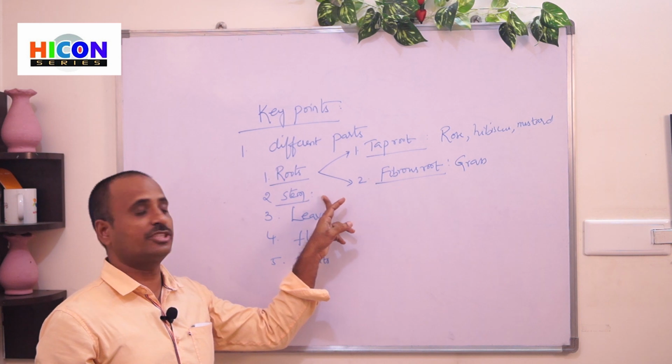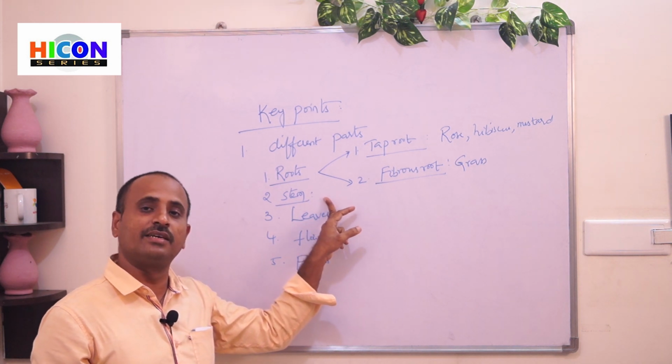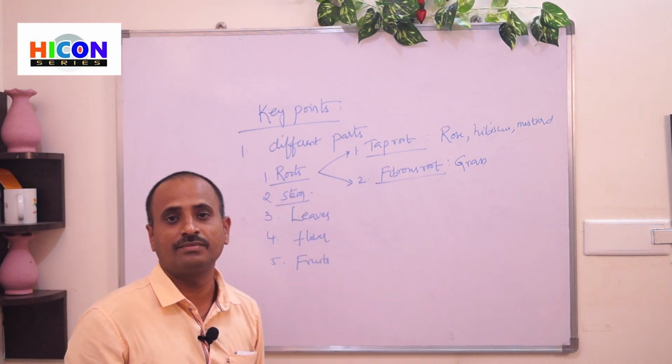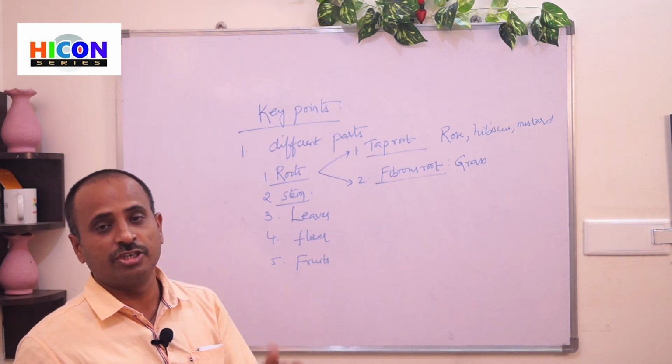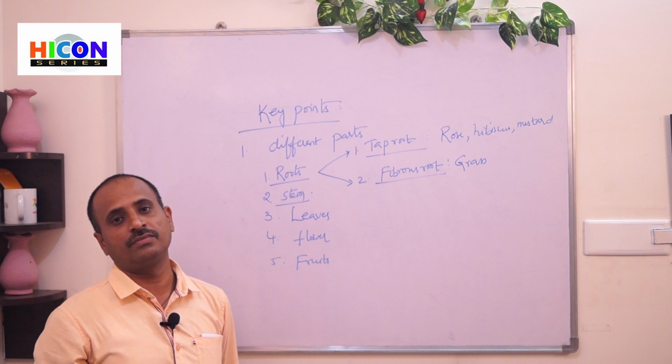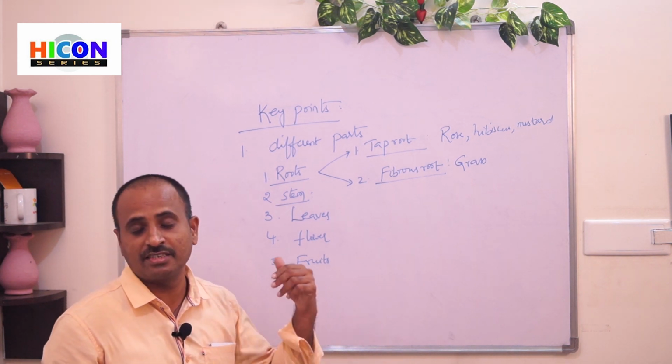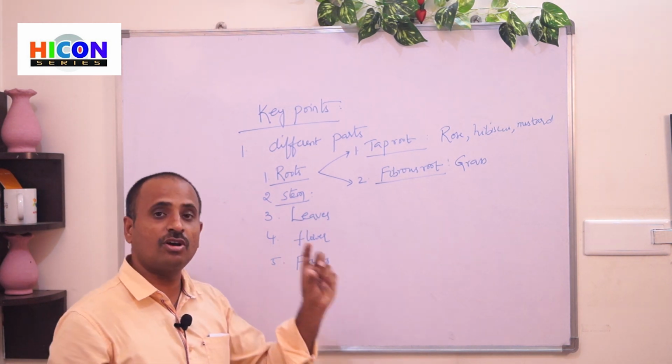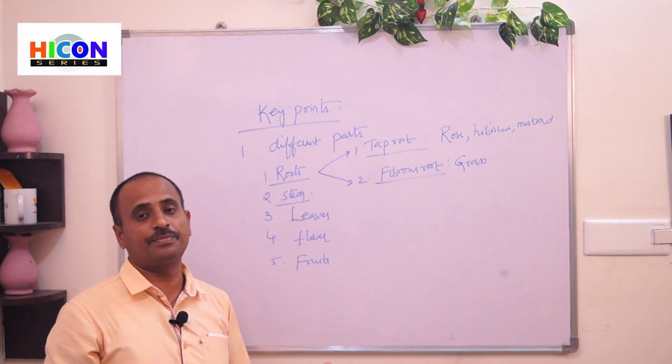In trees the stem is very strong, thick and woody, and it is called trunk, whereas in shrubs the stem is thin but strong, whereas in herbs the stem is soft and weak and is green in color.